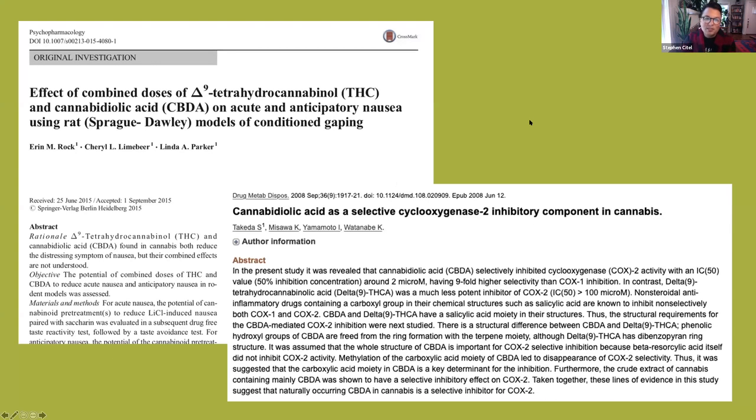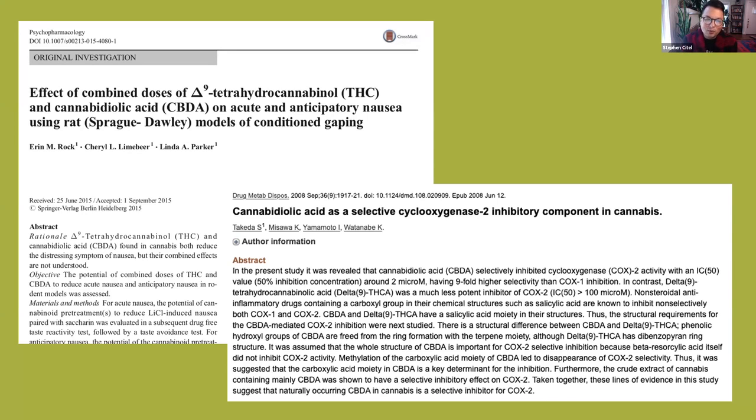Now, when it comes to some of the studies as far as the utility of these acidic forms, not only do we have these pretty potent COX inhibiting anti-inflammatory effects, but we also have some good studies out there, at least worth sharing I felt today, with CBDA in particular and THC for nausea in rats.